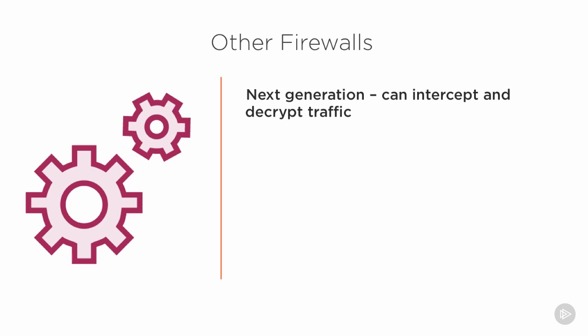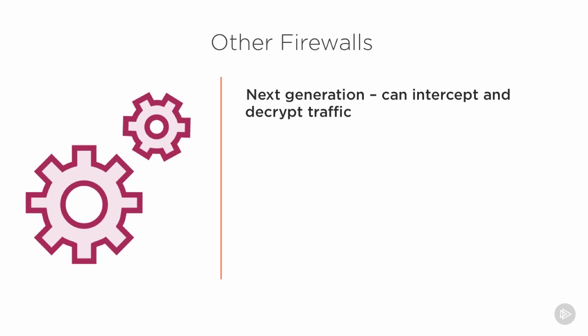If a person from inside tries to establish an encrypted connection to outside, often the firewall will establish that encrypted connection and then create a separate encryption to the internal employee. That allows the firewall to decrypt and examine the traffic before it's then passed on.